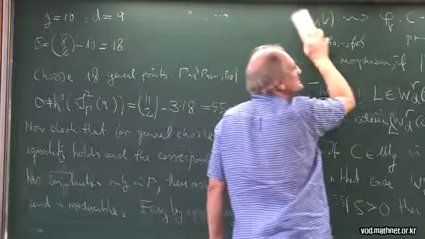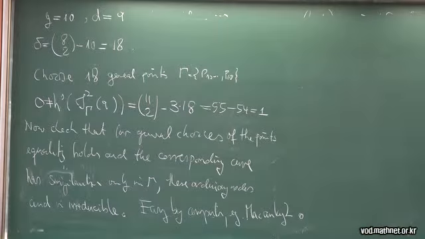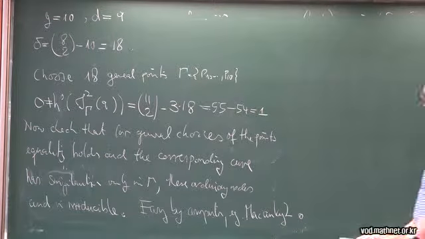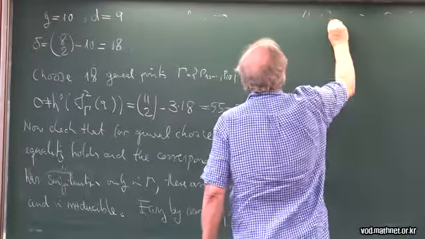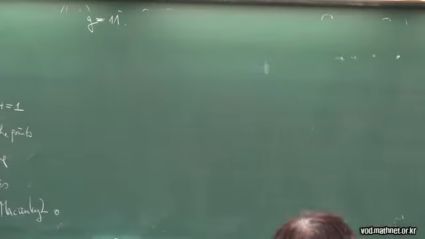Now what about the next case? What happens with g equal to 11? We go back to this equation. 22 plus 6 is 28, divided by 3 is a little bit more than 9.